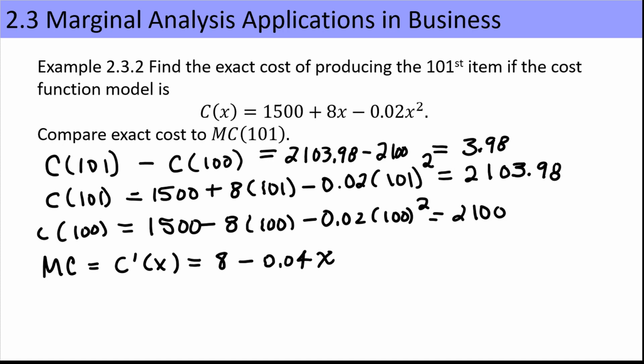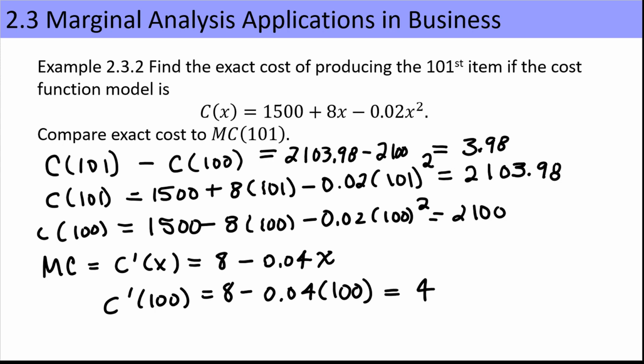Then we need to evaluate this at 100. Remember, we evaluate one below for the next one up. So 8 minus 0.04 times 100, and that's 4. So let's compare. The exact cost was $3.98. The marginal cost, the approximation, was $4. It's very close, but the marginal cost was much easier to calculate.